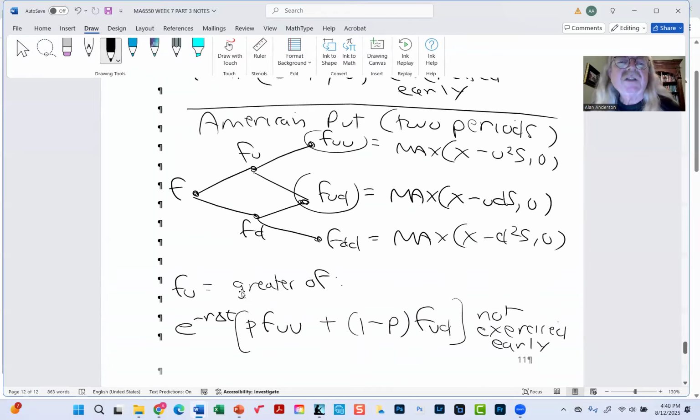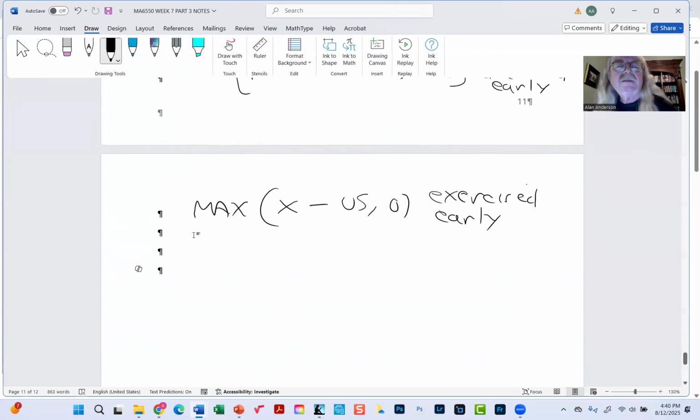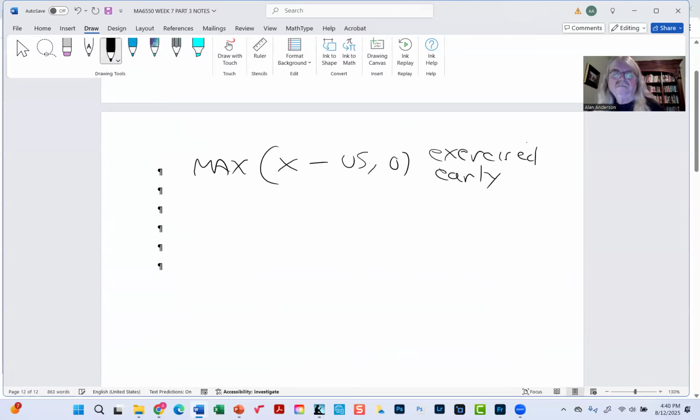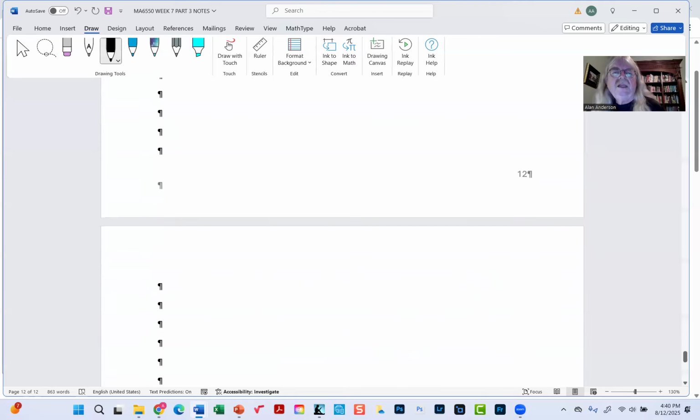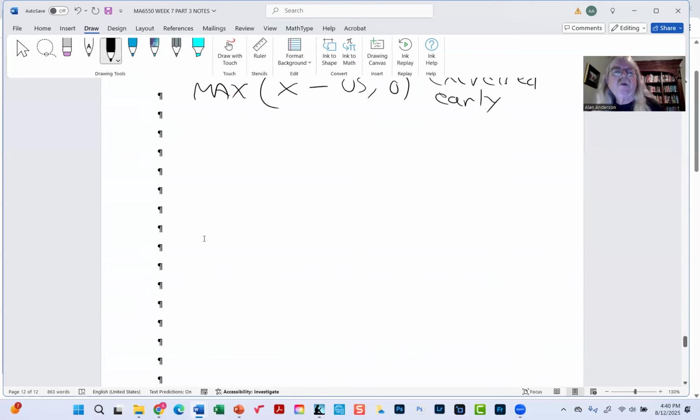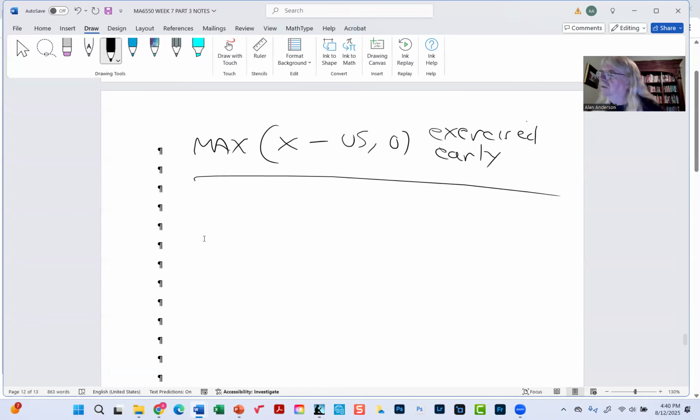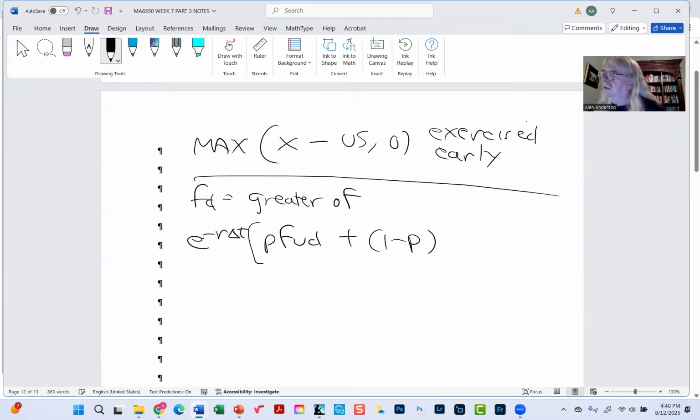Then, based on the same logic, now we go down to FD and we pick the greater of. So from here, if we go up, we reach UD, go down, we reach DD.